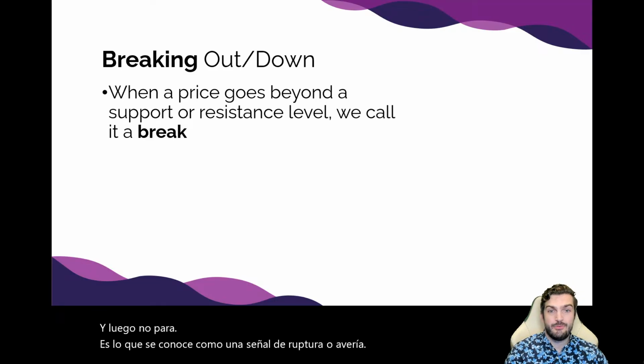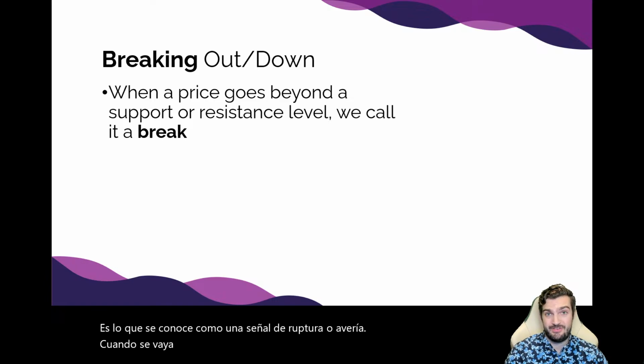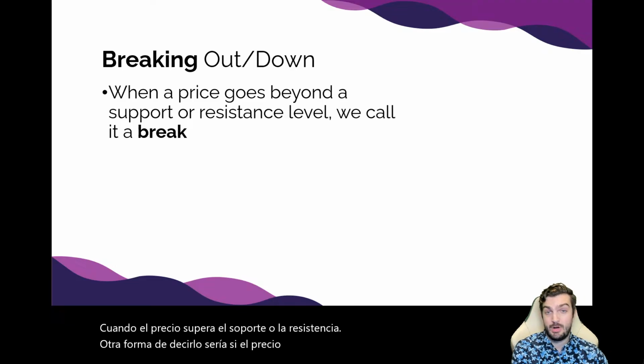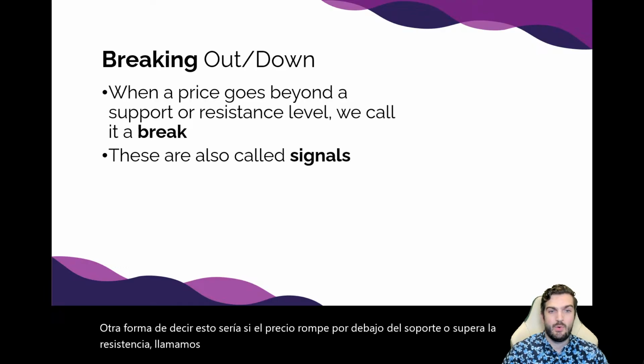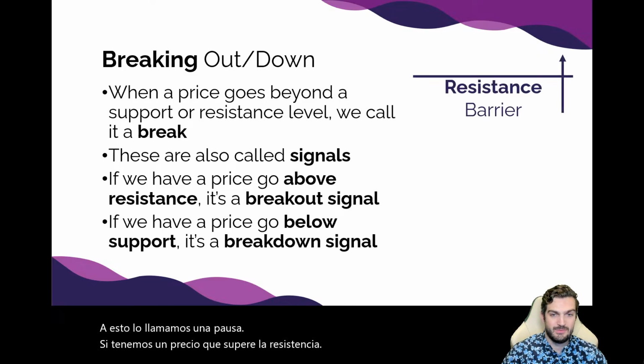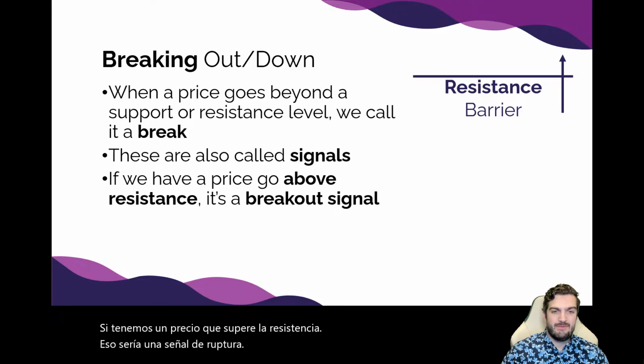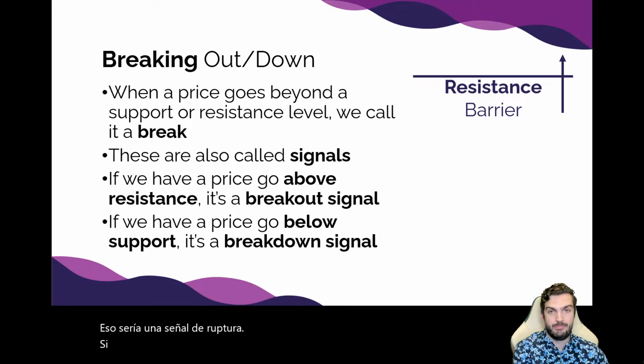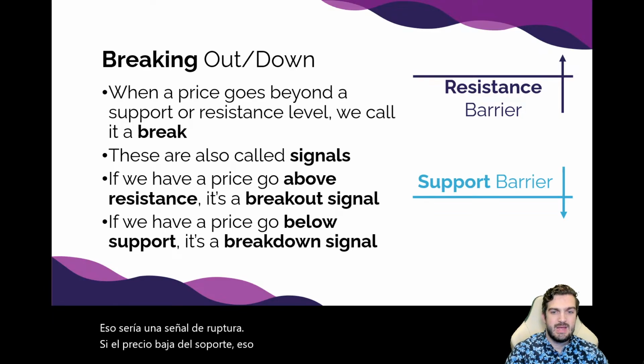When the price goes beyond support or resistance, another way to say that would be if the price breaks below support or goes above resistance, we call these a break or a signal. If we have a price go above resistance, that would be a breakout signal. If we have the price go below support, that would be a breakdown signal.